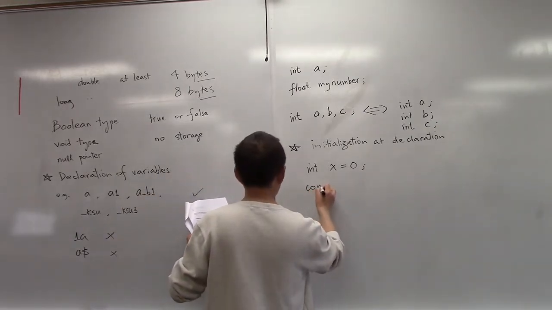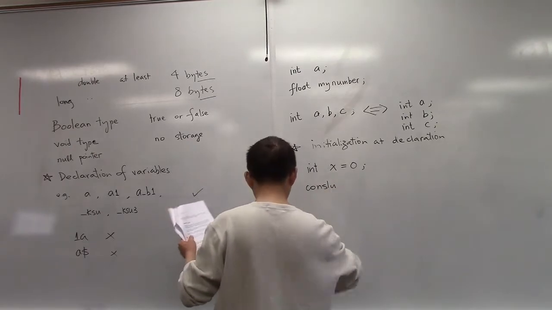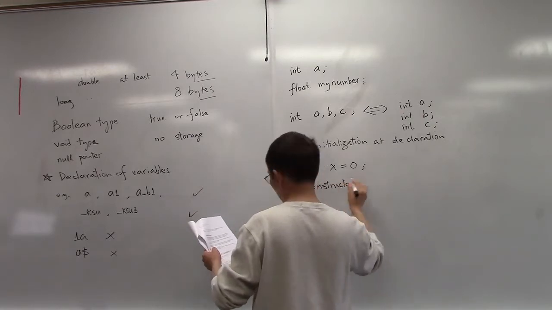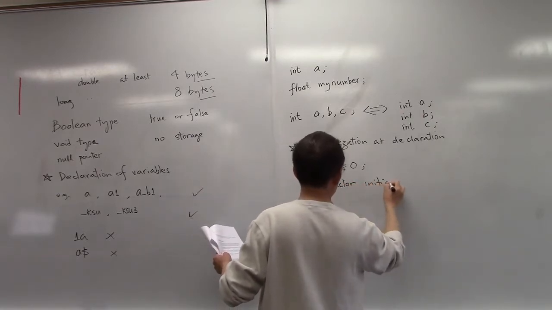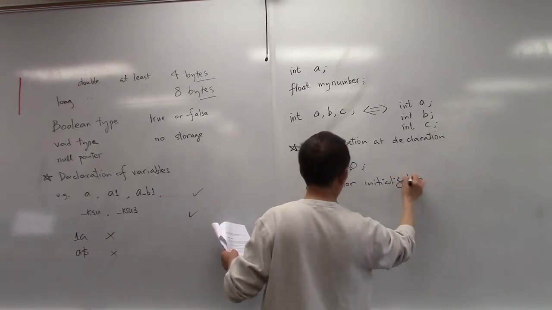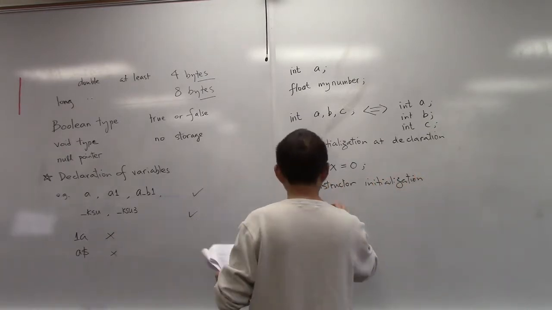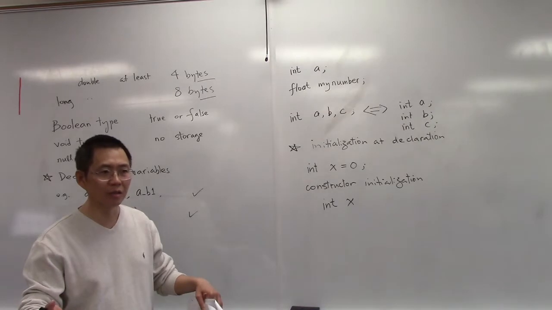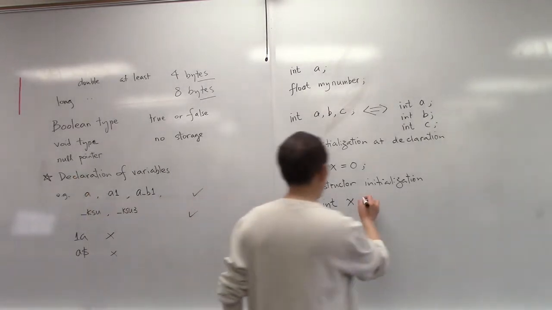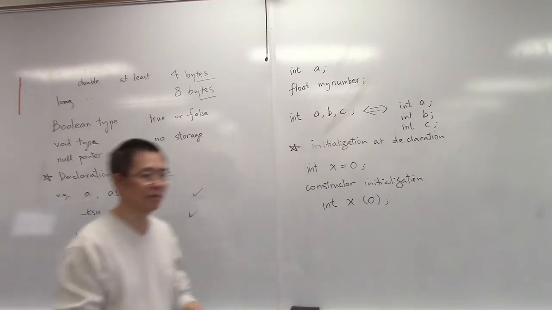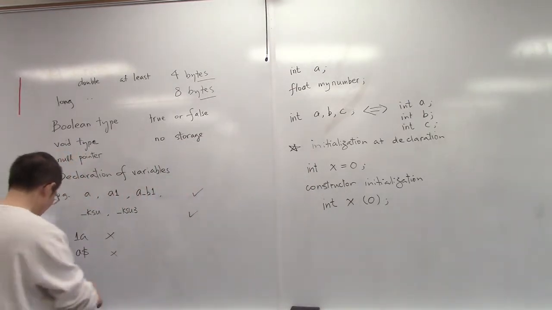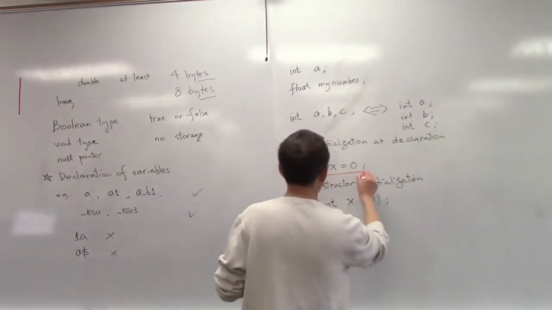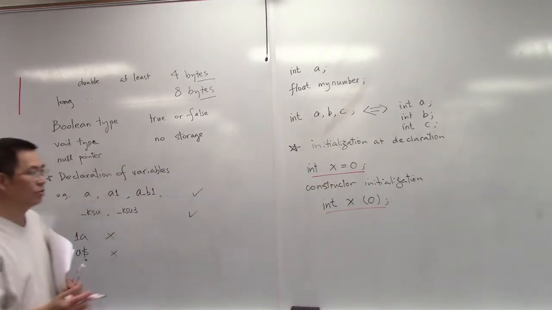One is called constructor initialization. Well, you declare an integer, and you put the value you want to initialize the variable to in a pair of parentheses, like that. So this one and this one, they are totally equivalent.